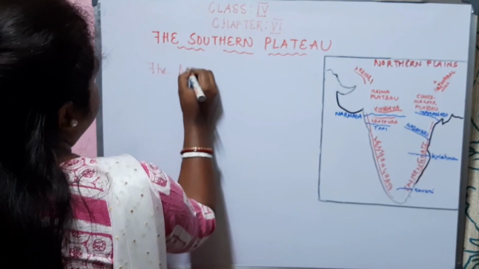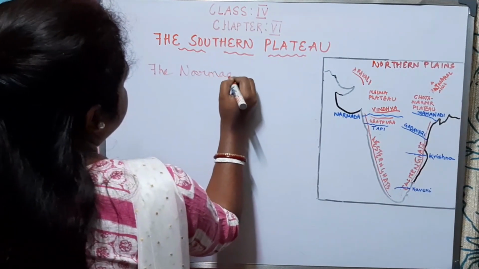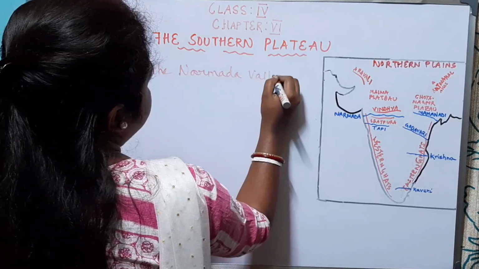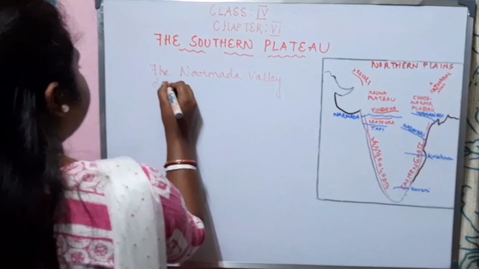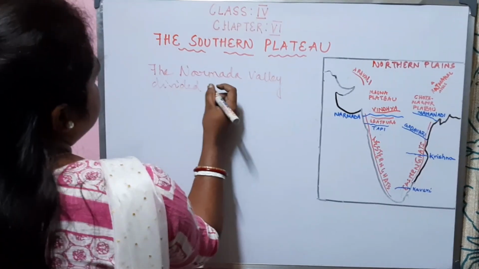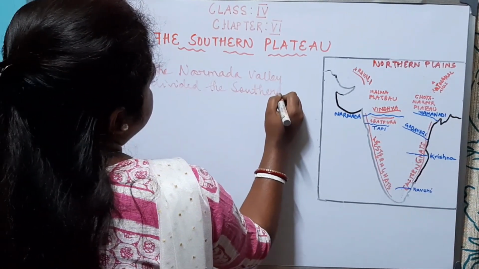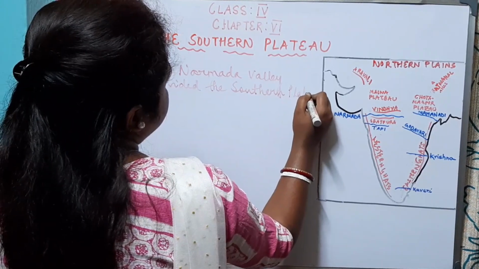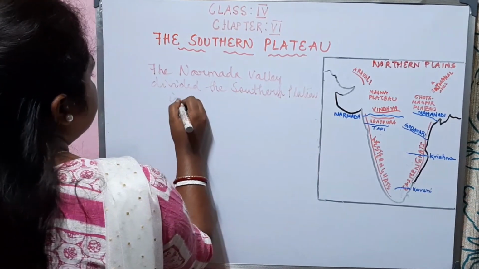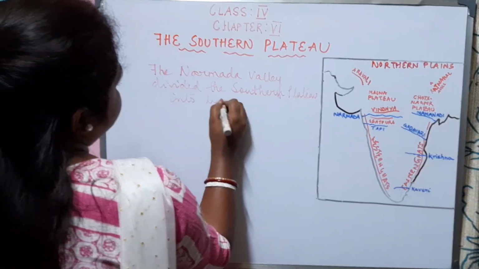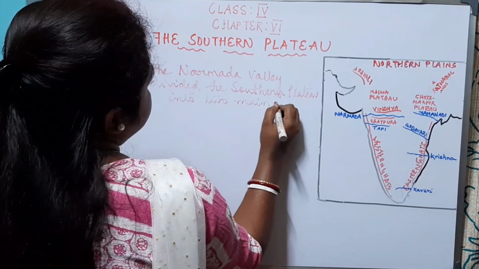The Narmada Valley divides the Southern Plateau into two main parts.